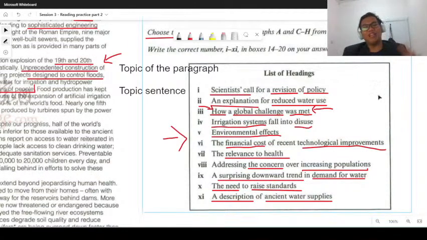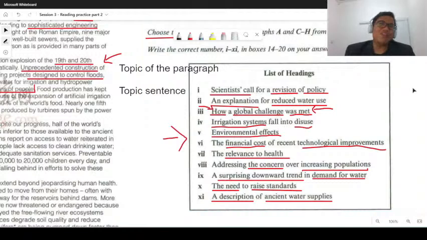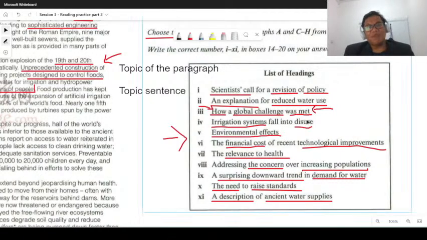Number two, an explanation for reduced water use. Was that an explanation? Not really. It was more like a statement, right? And it's not to do with reduced water use. It's actually just to do with water use, right? It doesn't really say whether it was trying to be reduced or diminished. Number three, we already have that as an example answer, so we can skip it. Number four, irrigation system fall into disuse.